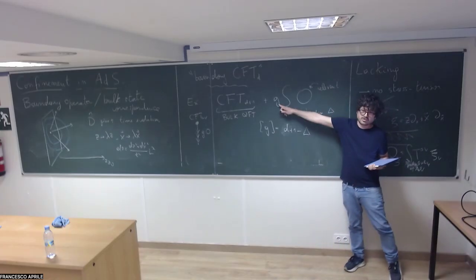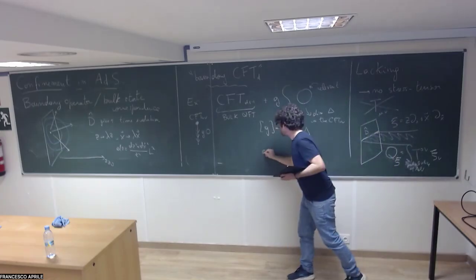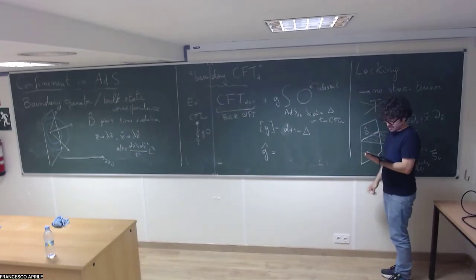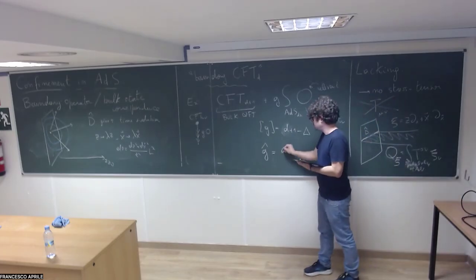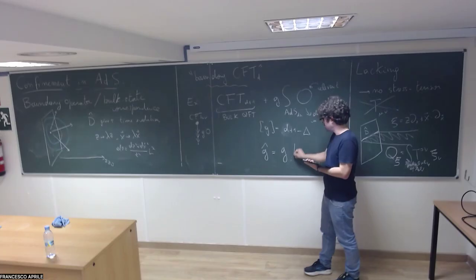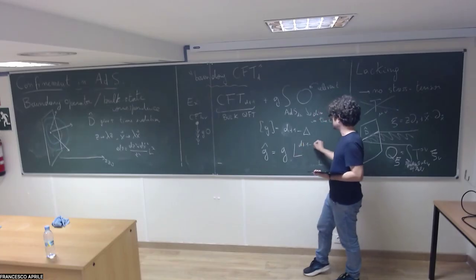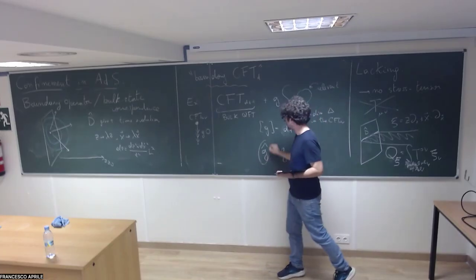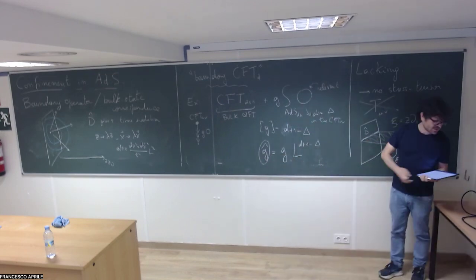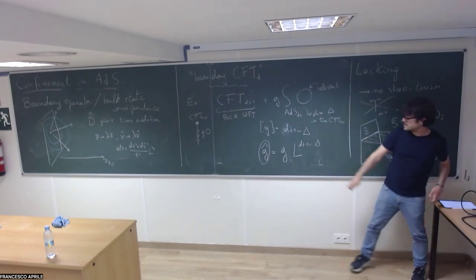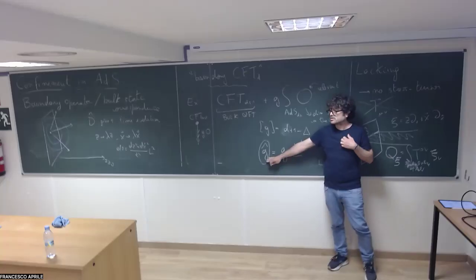Turning on this coupling, what I want to do is that I will always form in this setup some dimensionless combination. In this case, the dimensionless combination is going to be g with some power of the radius. Okay. So automatically I get this dimensionless knob.